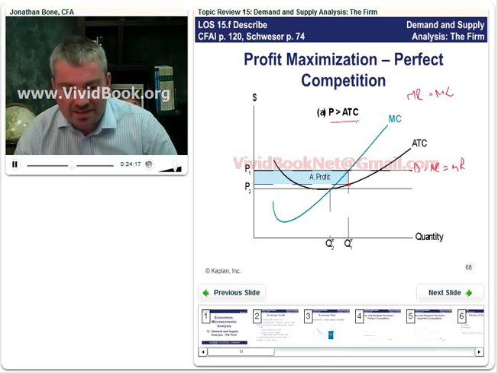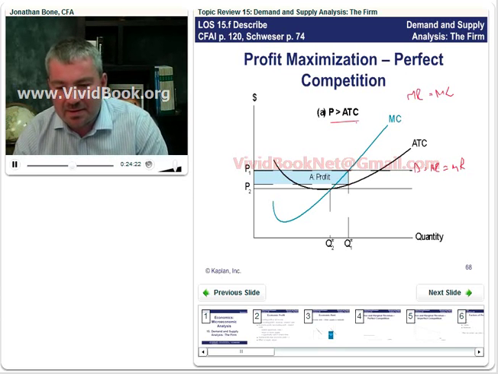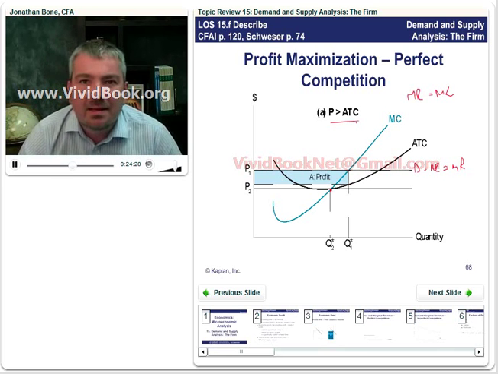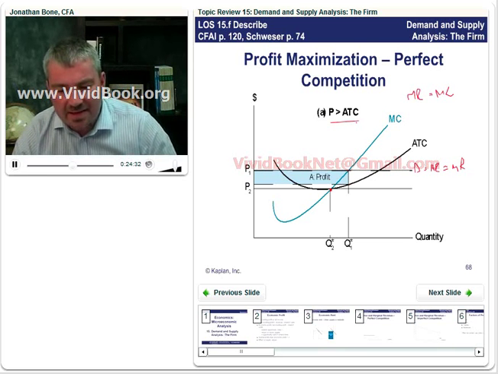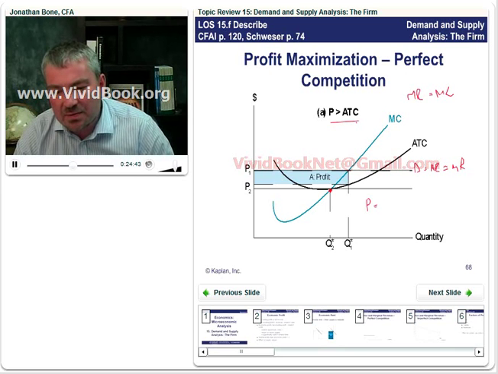Let's look at the situation at P2. Now at P2, notice now where the marginal cost equals the marginal revenue line is at that point there. At this particular point, I'll just try and scribble a red line on it, price equals average total cost.